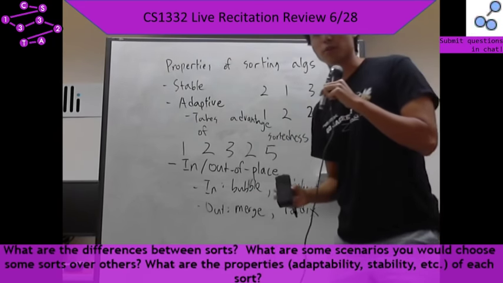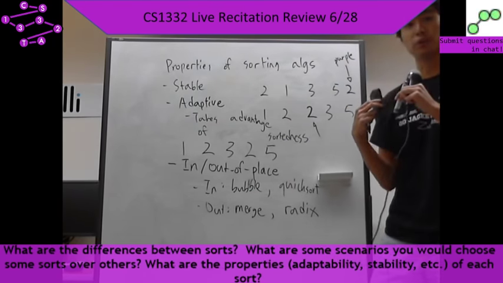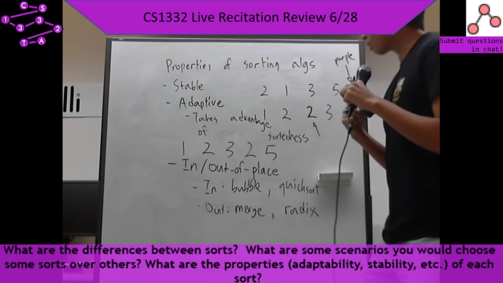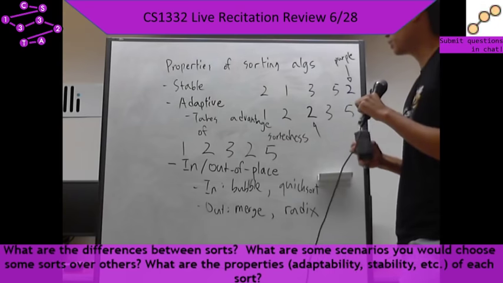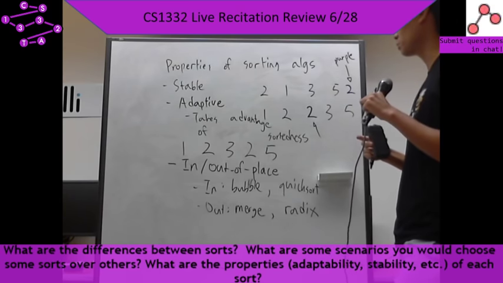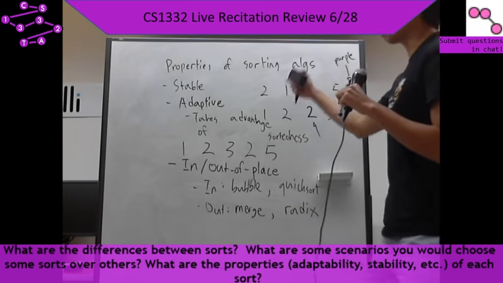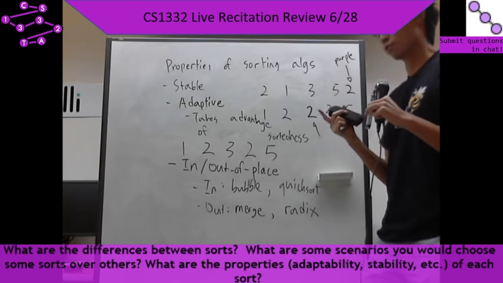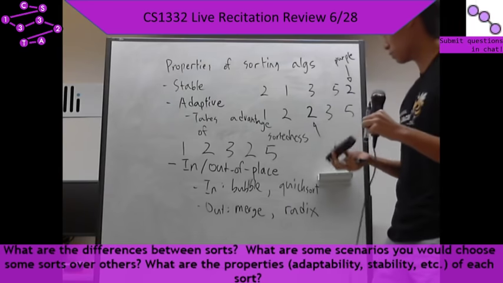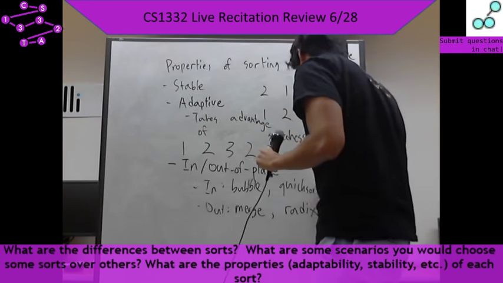But I'm going to talk about sorting scenarios, which sorting algorithms are better in which scenarios. Generally speaking, we're going to look at these properties, stability, adaptability, and in place or out of place, to see which algorithms are going to be better.